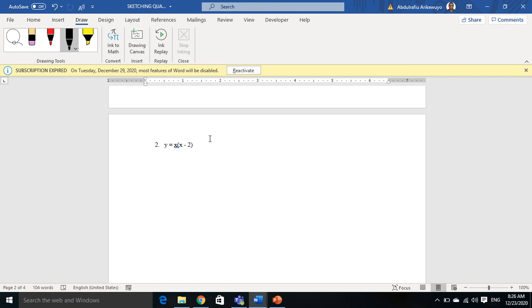Again, we are going to find the roots of this equation, meaning we are going to find the values for x1 and x2. And if you remember, I said what we'll do is that we are going to equate them to 0, right? So x times (x minus 2) is equal to 0.